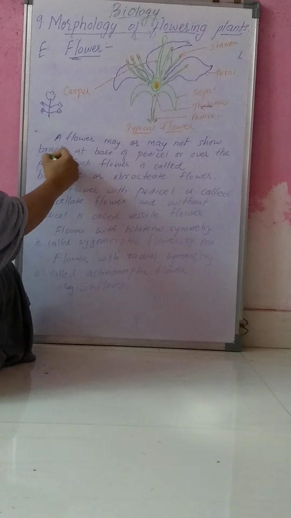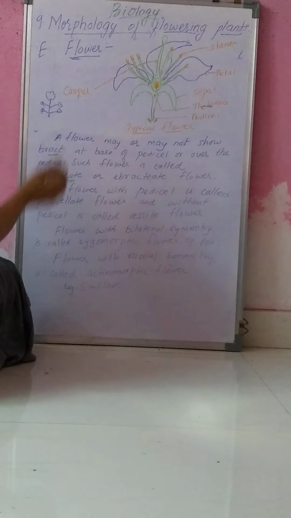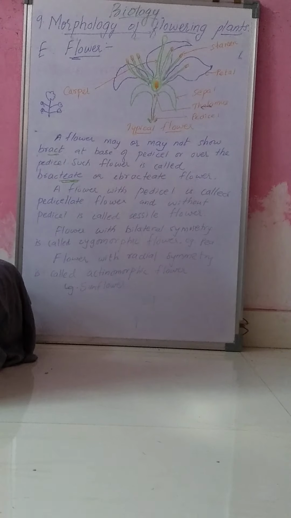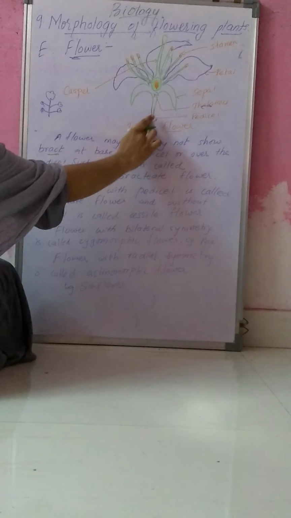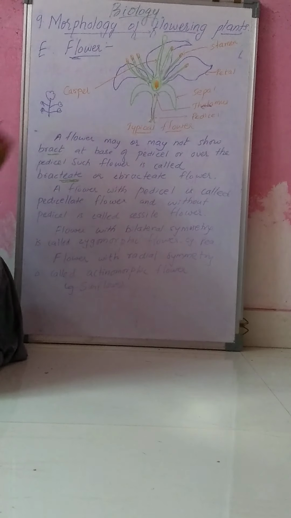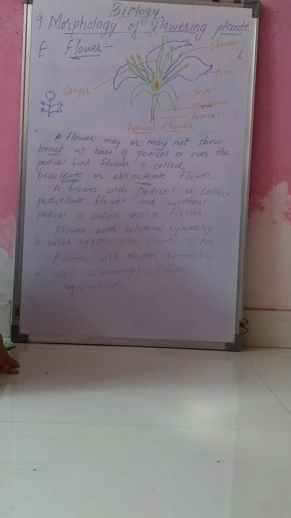And sometimes a bract is absent, meaning the flower does not show the bract. That type of flower is known as ebracteate flower.